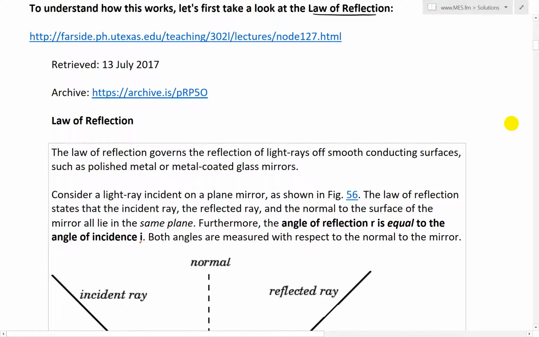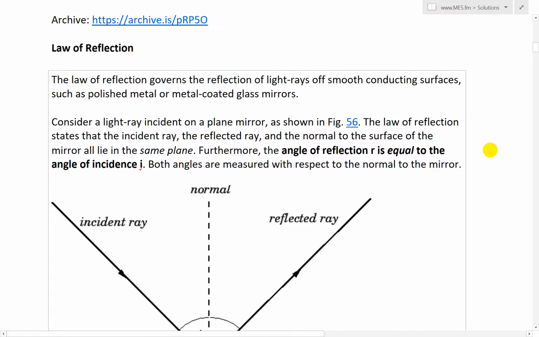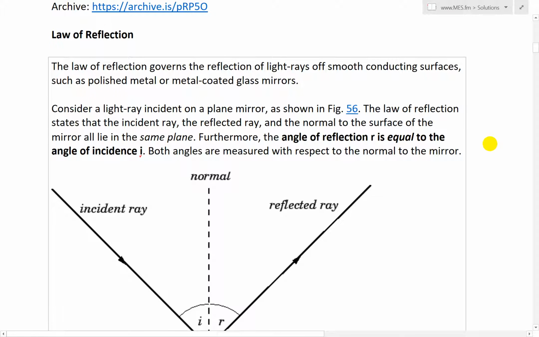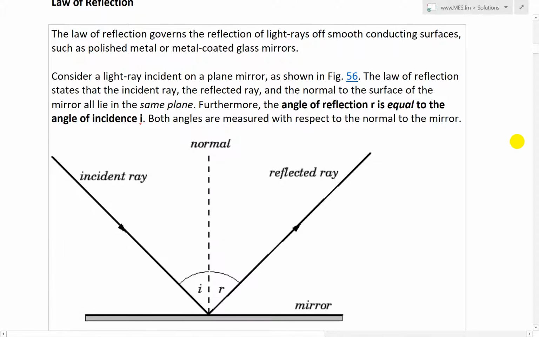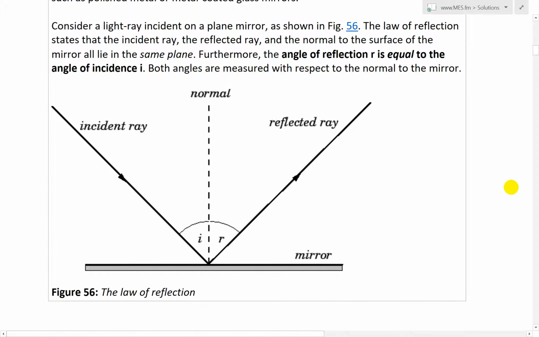Here's from the University of Texas website, the law of reflection. The law of reflection governs the reflection of light rays off smooth conducting surfaces such as polished metal or metal-coated glass mirrors. So basically, consider a light ray incident on a plane mirror as shown here.